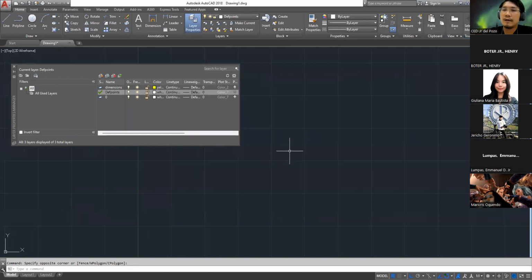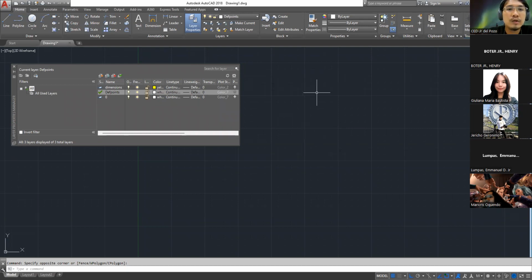Now, dati pa, ginagamit na natin ang layer. Magamit tayo ng floor plan. The importance of layer is to distinguish or to separate yung mga group of drawings with other group of drawings. So, yun yung purpose naman ng layer.